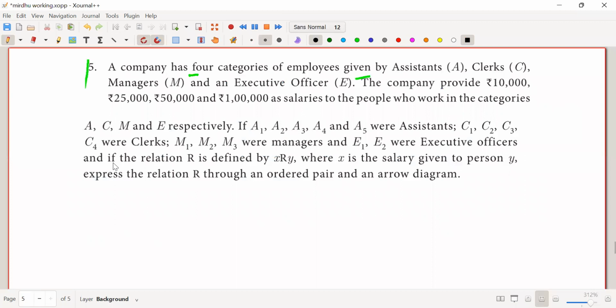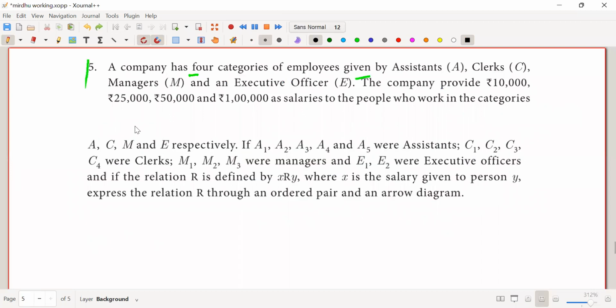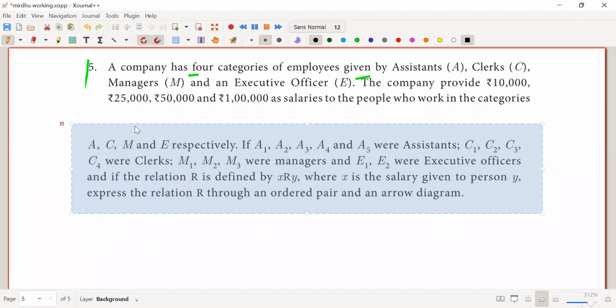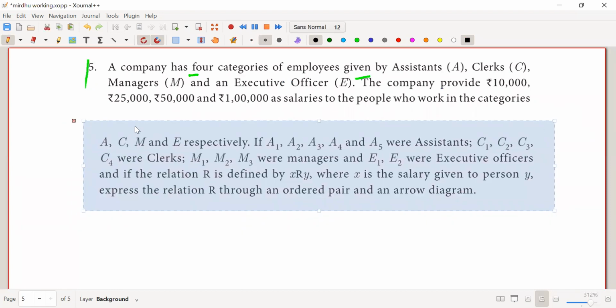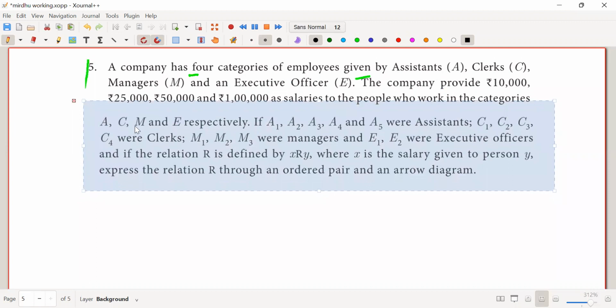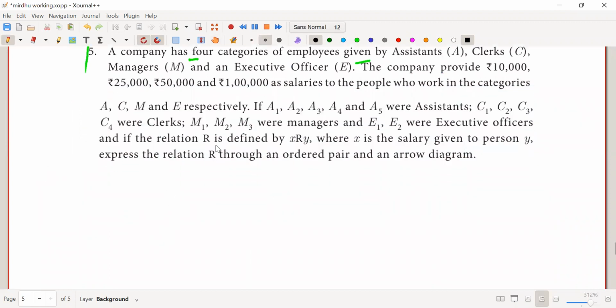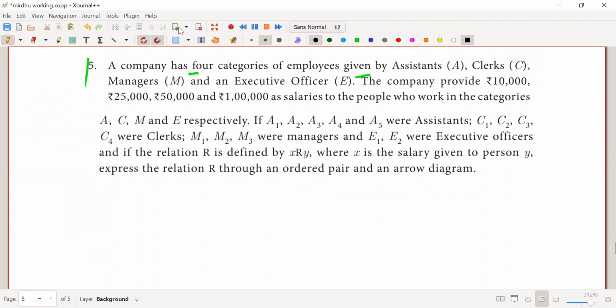This is the question which is being asked to you. X is the salary. Then Y is the employees.